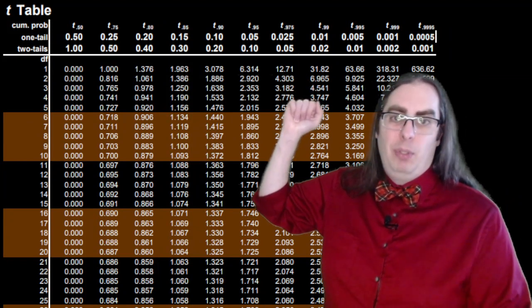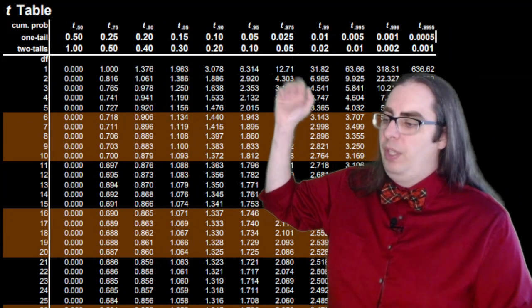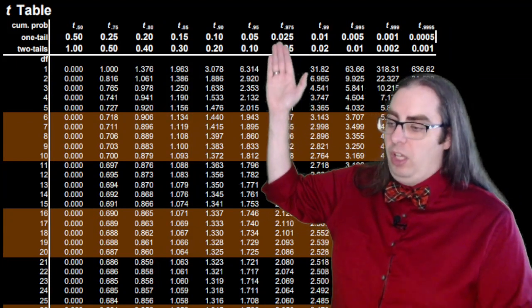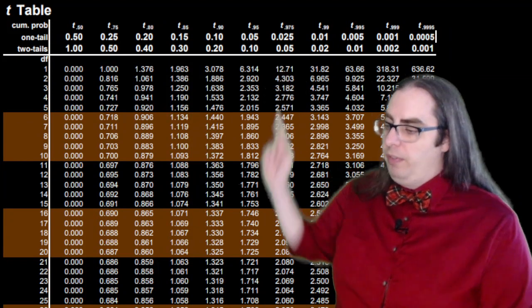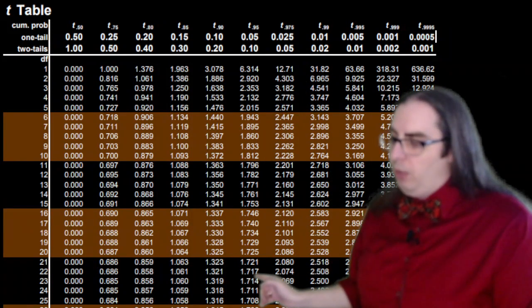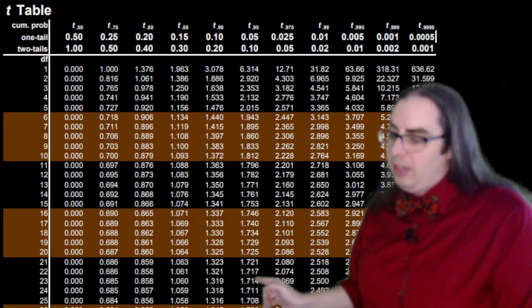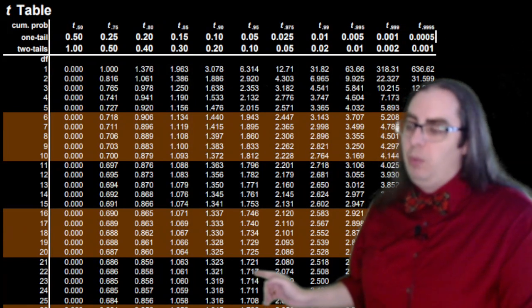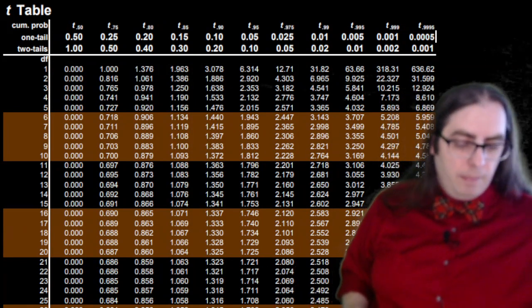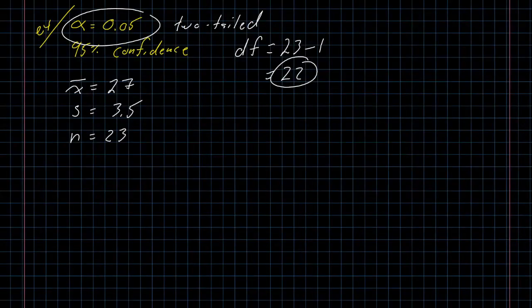That's the thing that is most commonly available in all t-tables. And so I'm looking at this column where alpha is 0.05. I'm looking at this row where df is 22, and I get that the t-value is 1.717. So I come back to my table and I write down that t is 1.717.